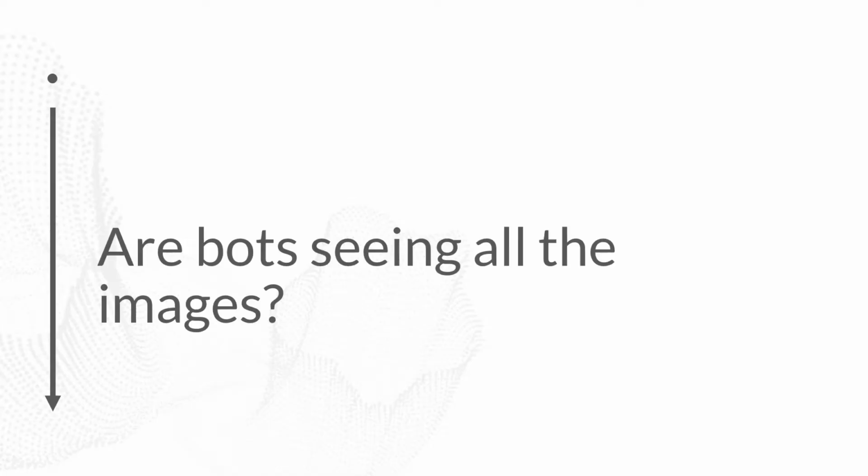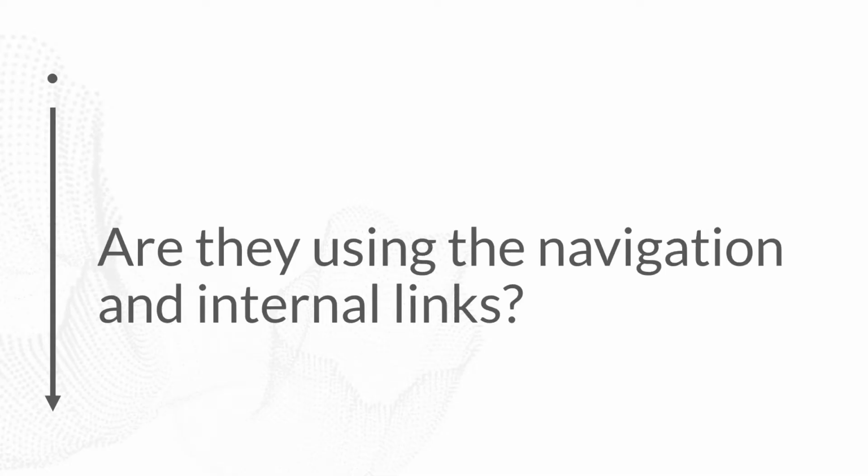Another question that relates to this is if bots are seeing all the images contained on your website. If you have a lot of graphics that would be important and could potentially rank in search results, well, are bots finding those? Are they able to reach those? Or are you doing something to block robots from even seeing your images in the first place? And related to this, you also want to know if bots are using the links that you have contained on your website.